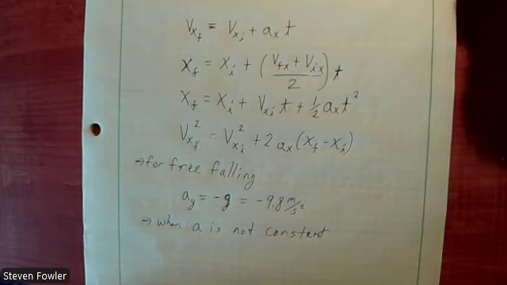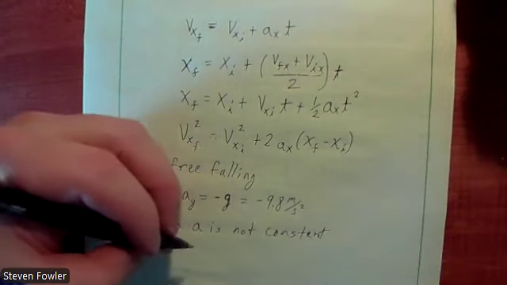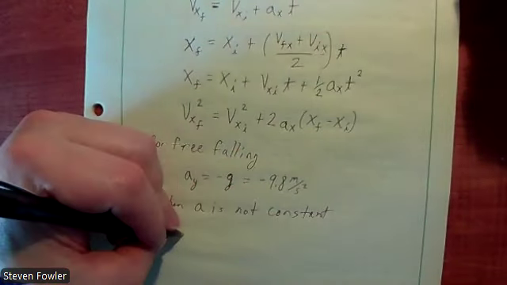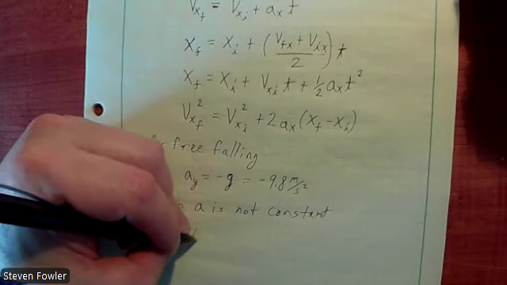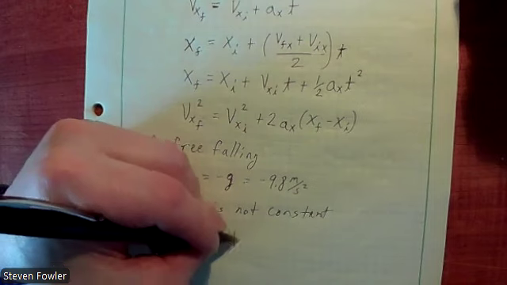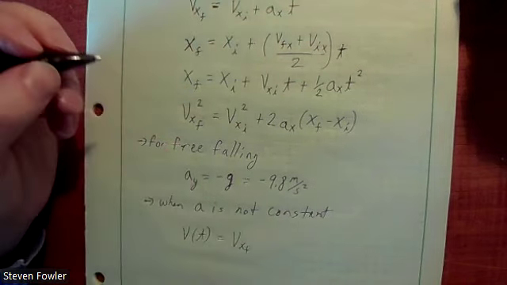But if I'm given acceleration, which is some function of time, then what I've got is v as some function of time, which is basically just going to be vx final, if you will.